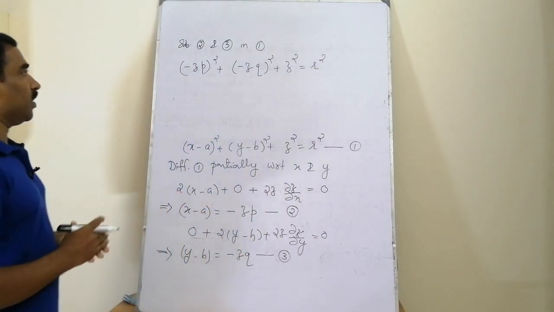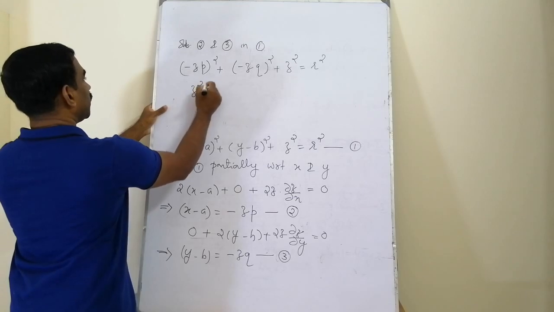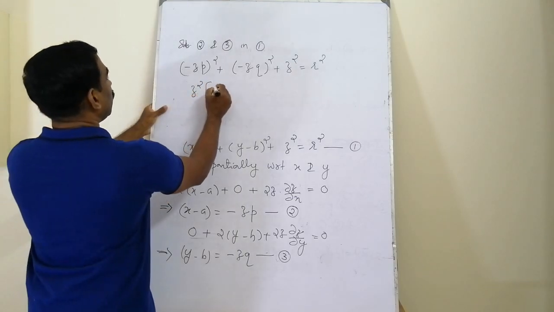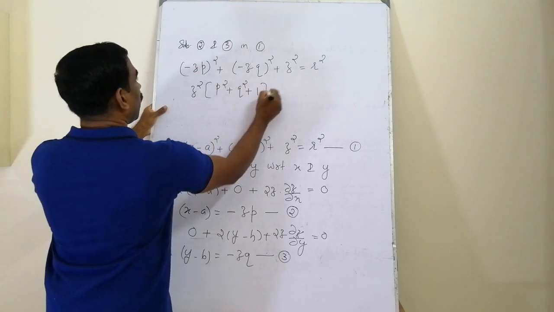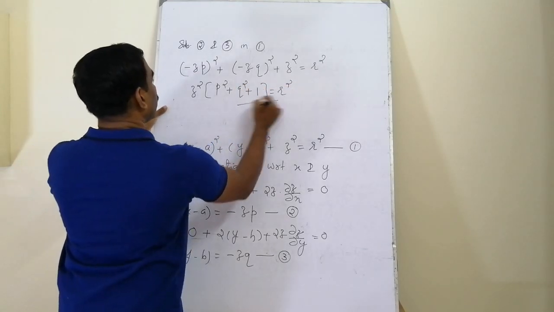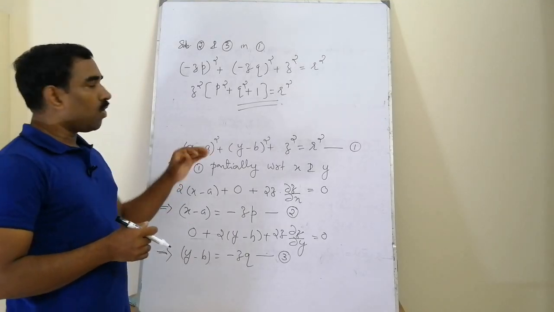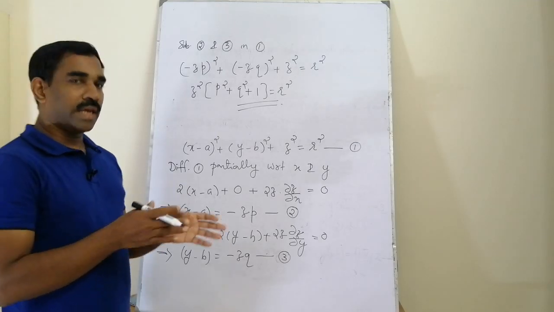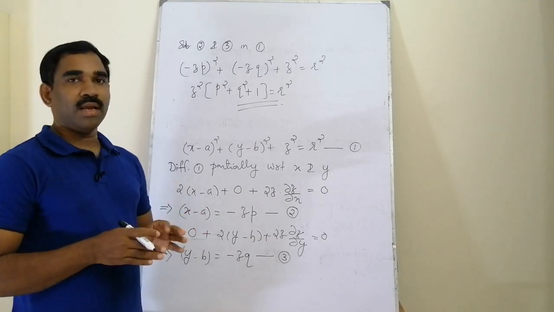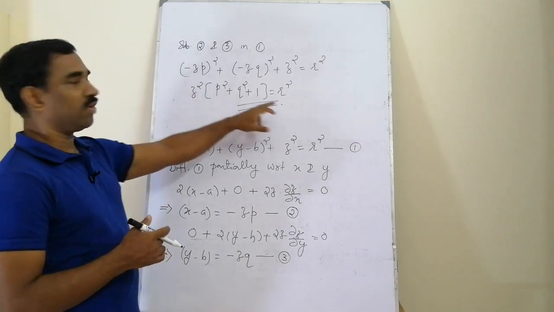That will be the required partial differential equation, or we can simplify it as z² is a common factor: z²(p² + q² + 1) = r². So this is the required partial differential equation of all spherical surfaces whose centers are lying on the xy plane and having a fixed radius. Those surfaces can be represented by this partial differential equation.